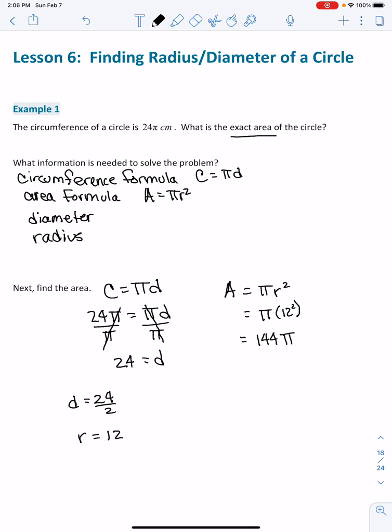And remember, because we want the exact area, we want pi in our answer. So the only thing I have left to do is to label it with centimeters. And remember, because it's area, it's centimeters squared. So our answer here is 144 pi centimeters squared.